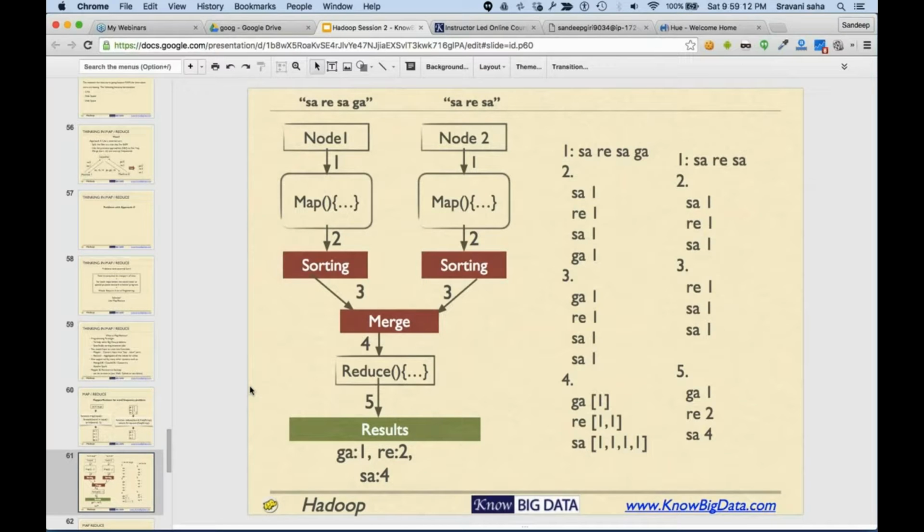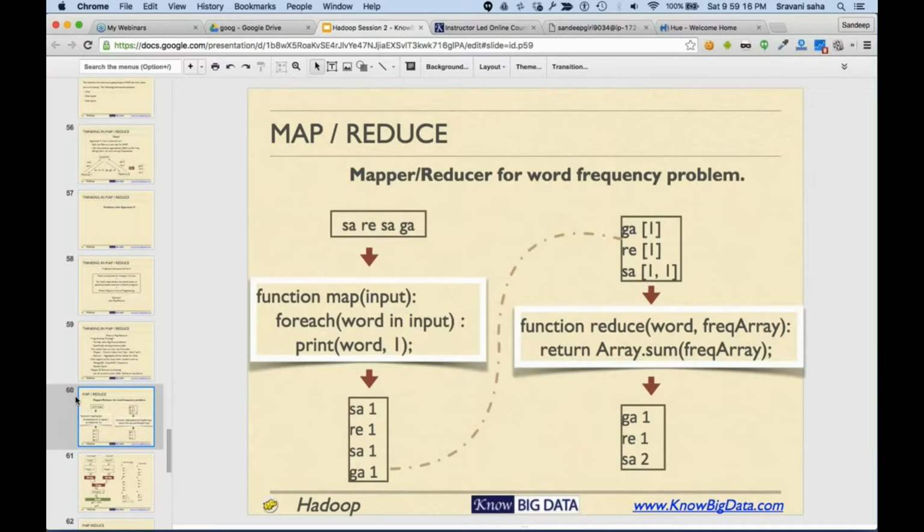You wrote the logic once and that's it. You did not have to do anything else. You wrote this particular logic, and you did not have to worry about how the data will get transmitted, how we will read from HDFS. Nothing. That is done by Hadoop. The way you do not worry about internals of SQL while writing a group by clause.